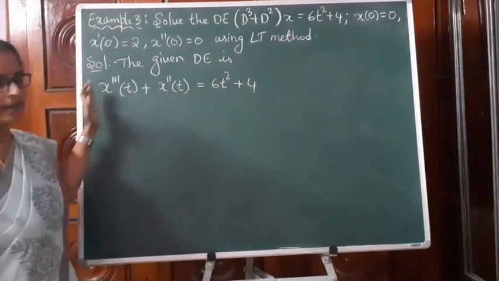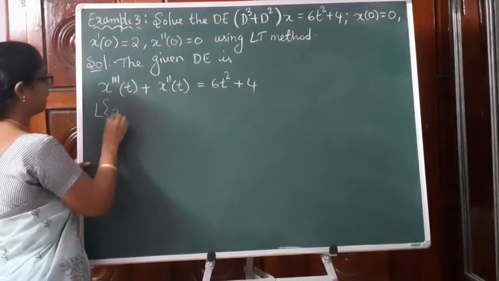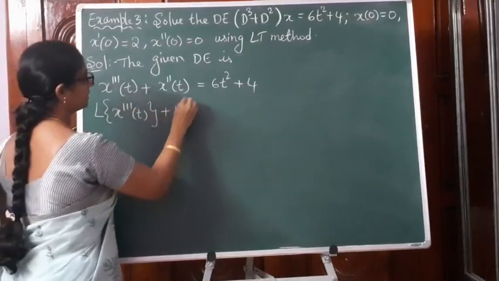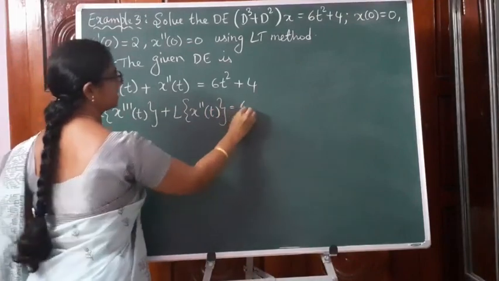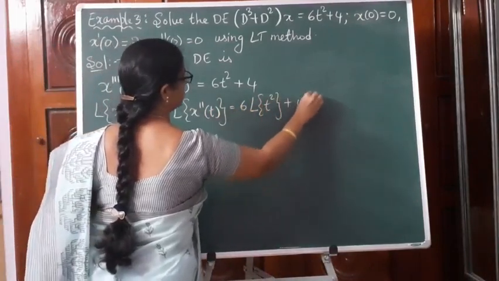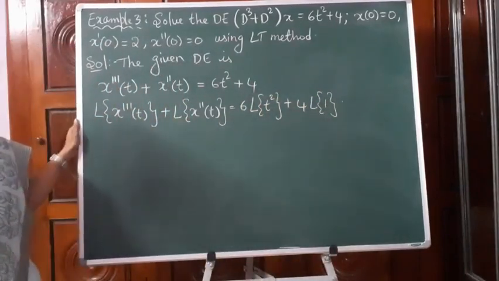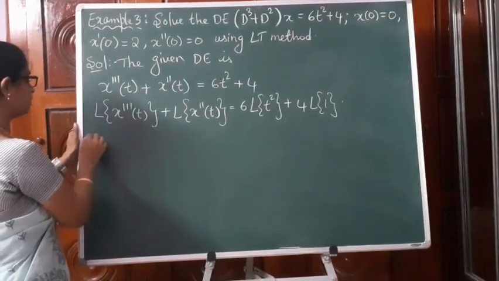Now we apply Laplace transform on both sides so that we get L of x'''(t) plus L of x''(t) is equal to 6 into L of t² plus 4 into L of 1, using the linear property of Laplace transform. Now what is L of x'''(t)?